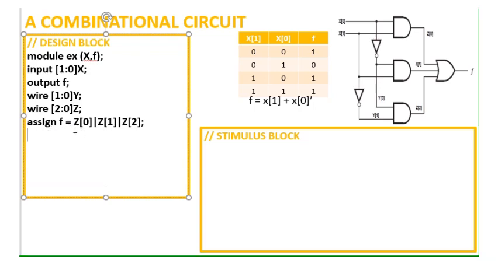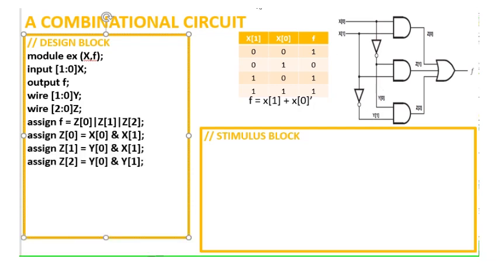Next I will write for z of 0, z of 1 and z of 2. If you see the logic diagram, z of 0 is x of 0 and x of 1. Z of 1 is y of 0 and x of 1, and z of 2 is y of 0 and y of 1.